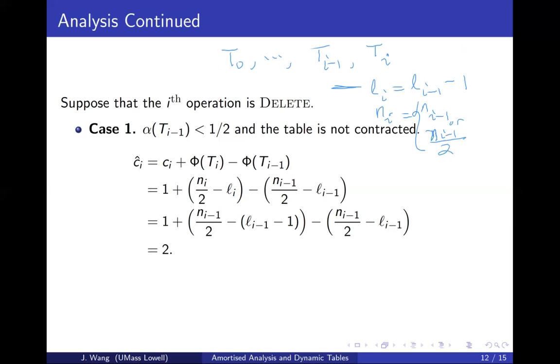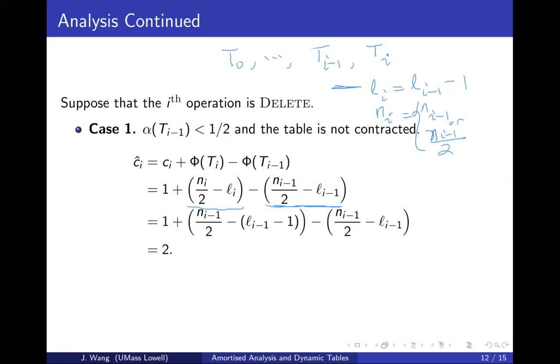The first case we're going to look at is that halving did not occur. The table is not contracted. The load factor is less than 1/2, and the table is not contracted. So in this case, after deletion, the load factor is still less than 1/2. So we use the second part of the energy function and plug these relations in.